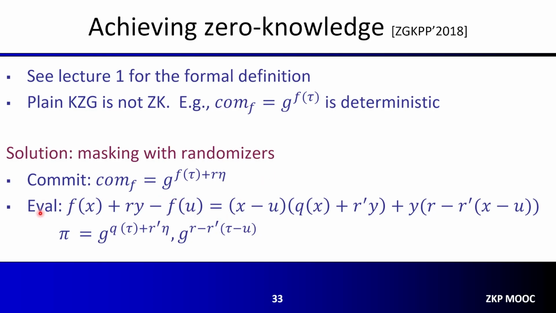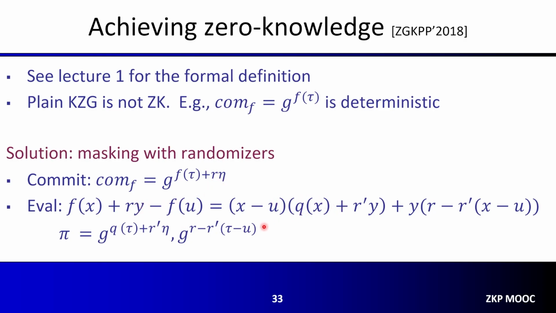And then to generate the proof, instead of doing the regular decomposition, f of x minus f of u, we're going to do a randomized decomposition. You see here that on the left-hand side, we have an additional term, r times y, which is actually from this randomizer of the commitment. And here we are replacing eta with a variable y.